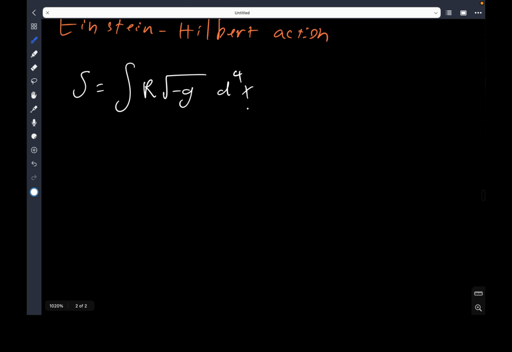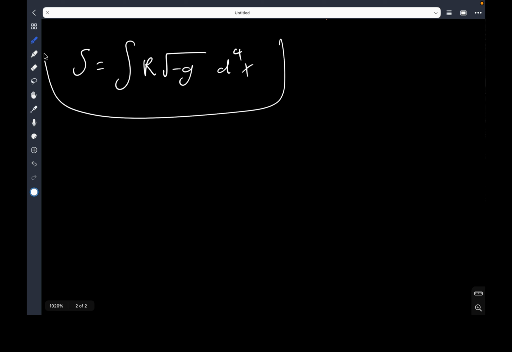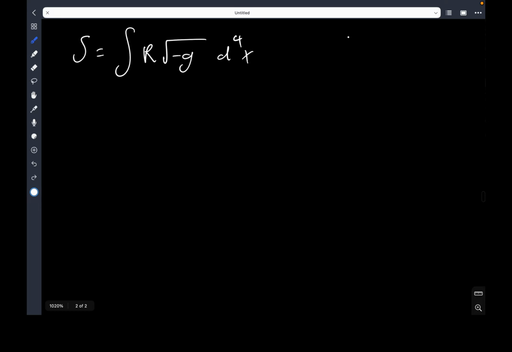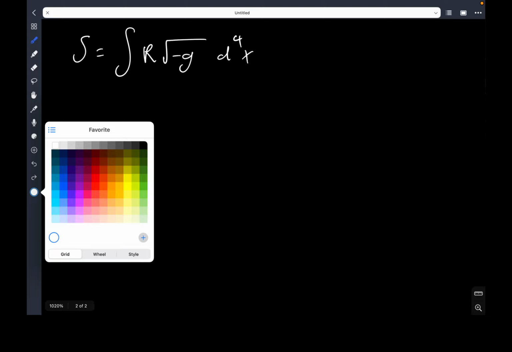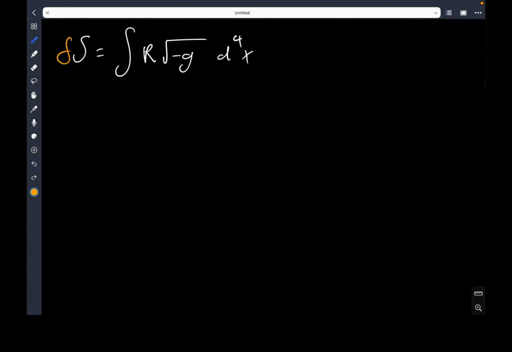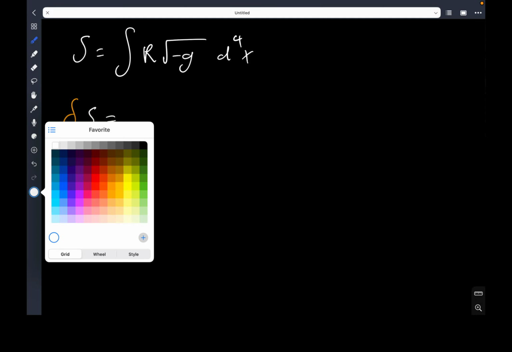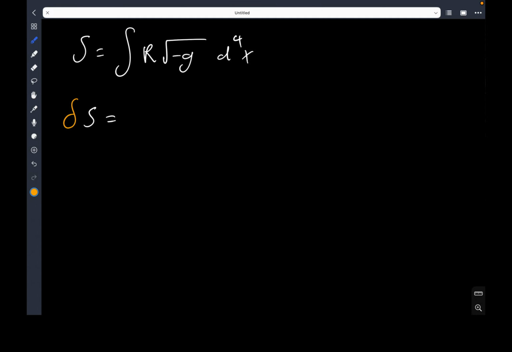So how should we approach it? This is not an integral that we solve as you're used to seeing on my channel, but rather we're going to take the variation of this. So delta S is going to be the variation of the terms under this integral, R times the square root of negative g, d^4x.